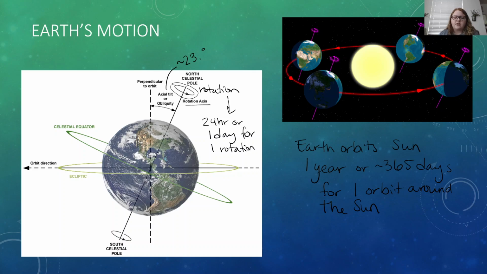One thing I should point out is this axial tilt gives us some sort of tilt from the ecliptic. So we have the ecliptic, and that is the path that the sun apparently makes in our sky. That's what we see, but that's really where Earth is moving, along that ecliptic.